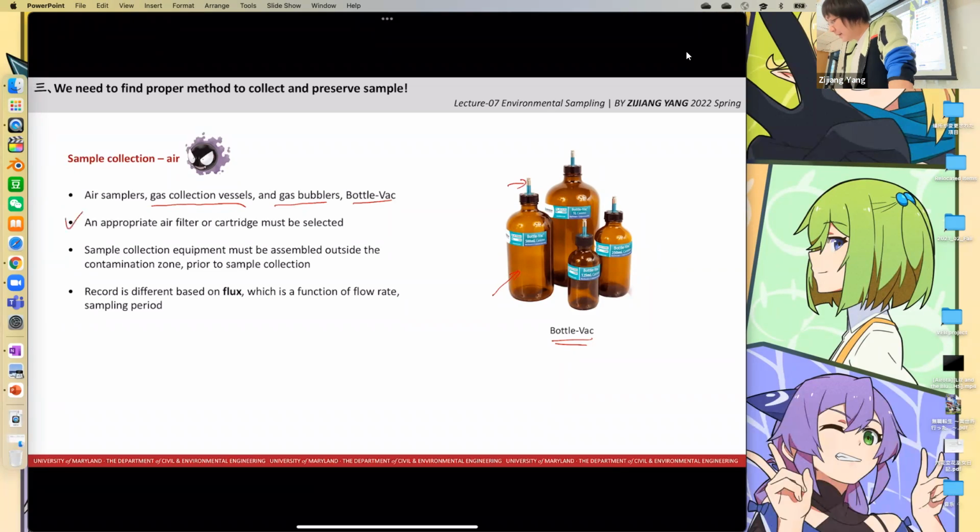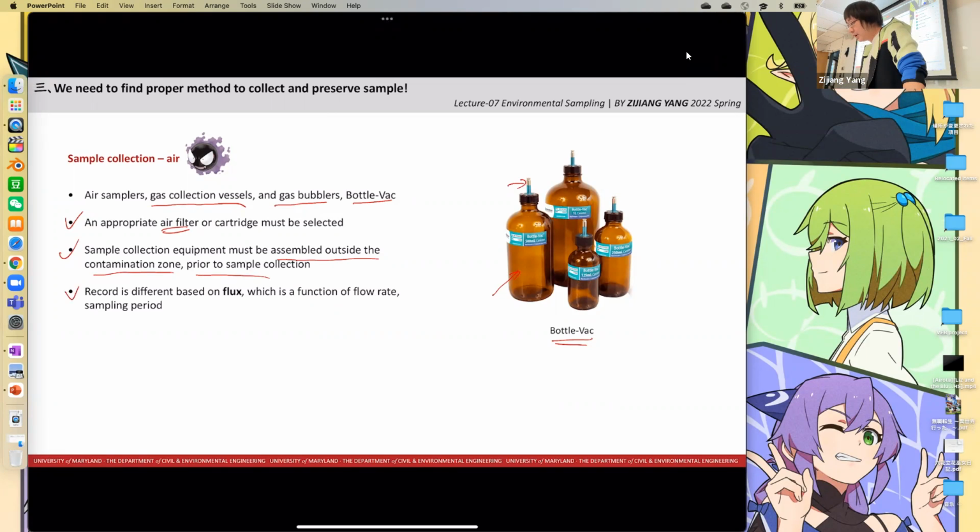Sometimes we will use an air filter, because if we are only interested in the gas phase, we want to filter out the particulate matter and the viruses or bacteria in the air. The sample collection equipment must be assembled outside the contamination zone prior to sample collection. Again, we want to avoid contamination of our sampler.